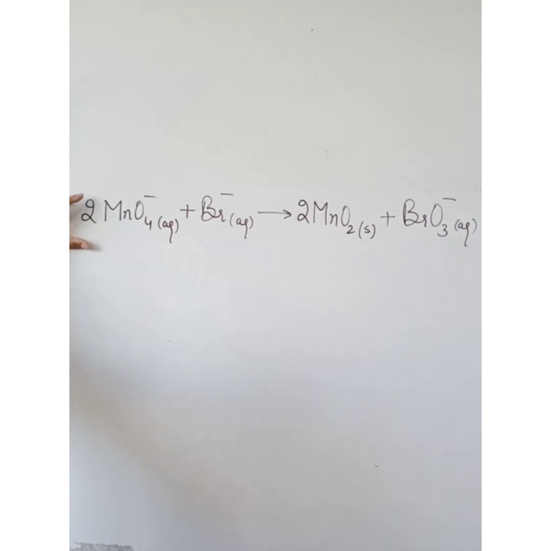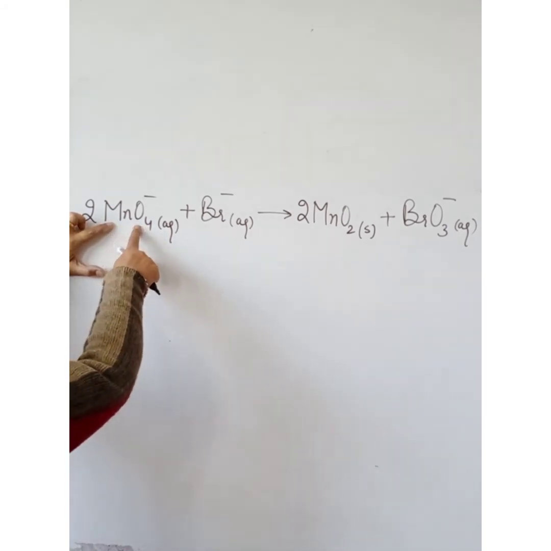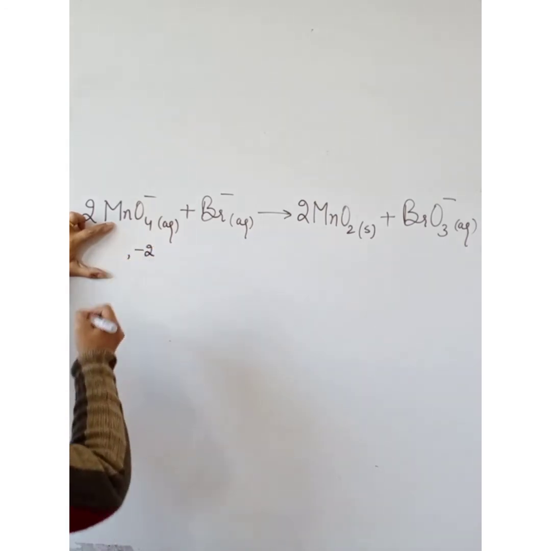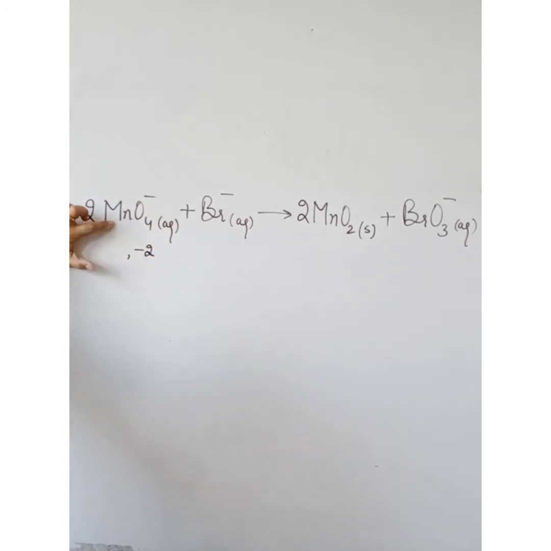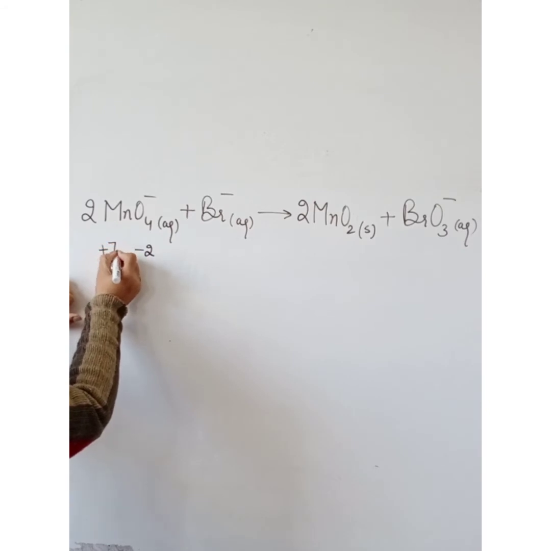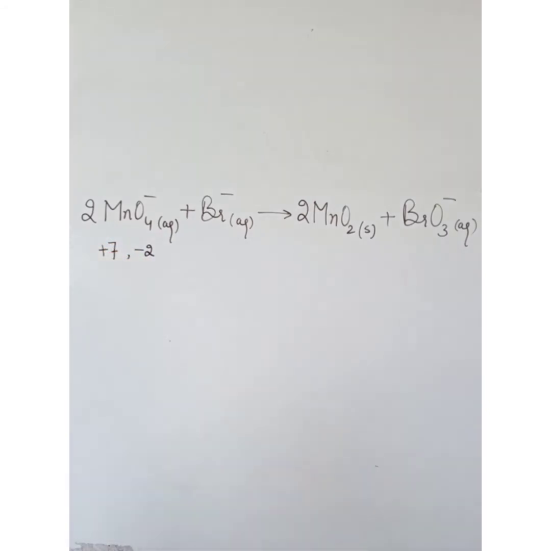Now here, we have to ignore the stoichiometric coefficients. So first of all, let Mn be x plus 4 into -2. Oxygen is having -2 oxidation number. Now for Mn we can calculate: x plus 4 into -2 is equal to -1. So here we are getting +7 as the oxidation state of Mn.